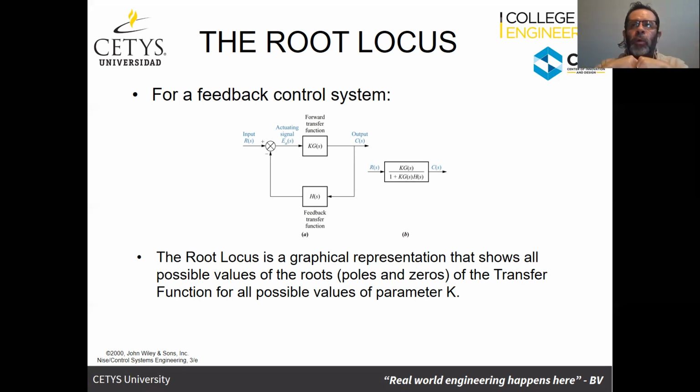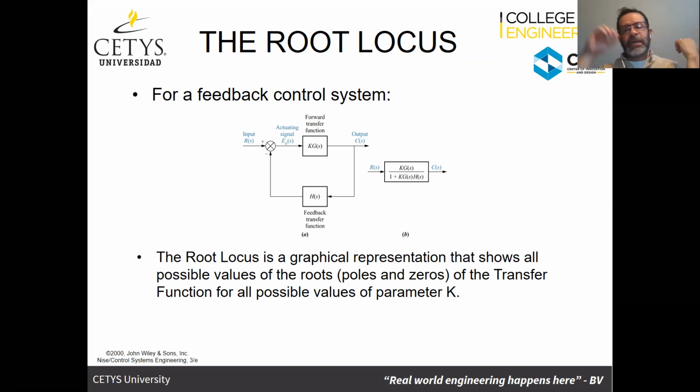Wouldn't it be useful to be able to know all of the possible values of the poles of the transfer function, for all of the possible values of K?